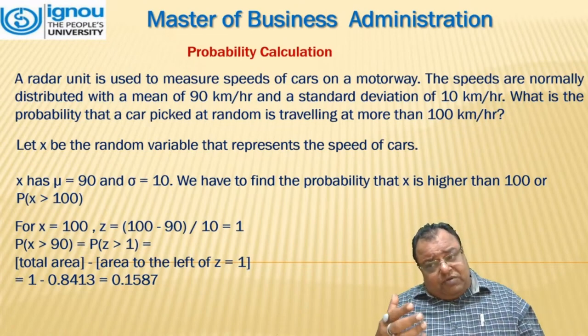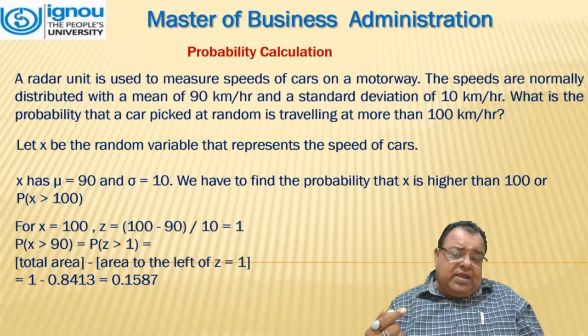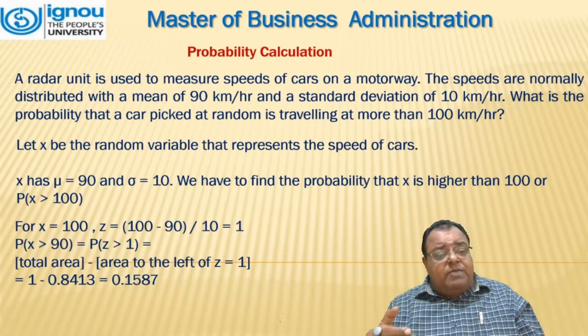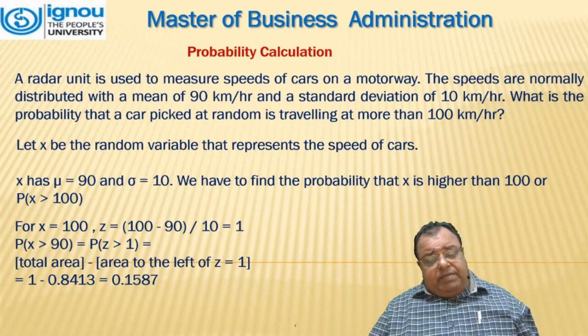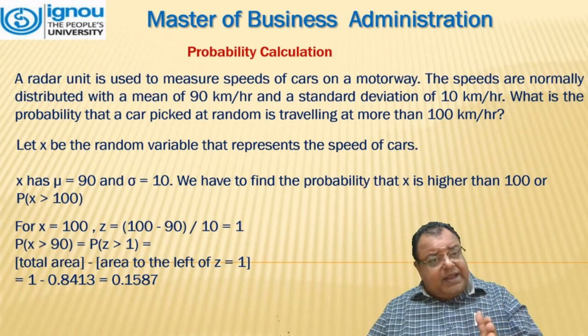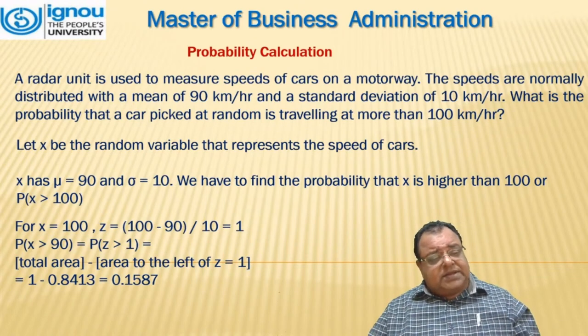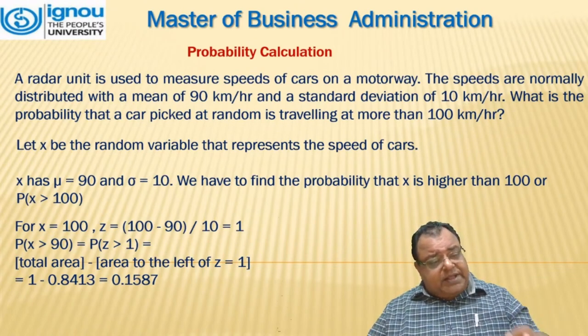We are supposed to find the probability of picking a car which is traveling at a speed of 100 kilometers per hour or more. That means x is greater than 100 kilometers per hour.